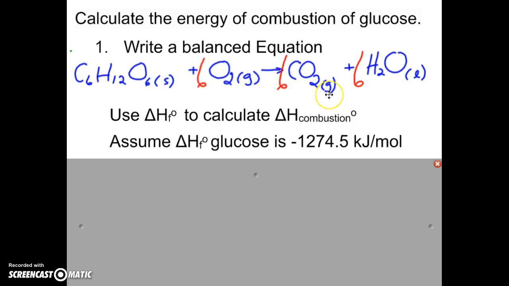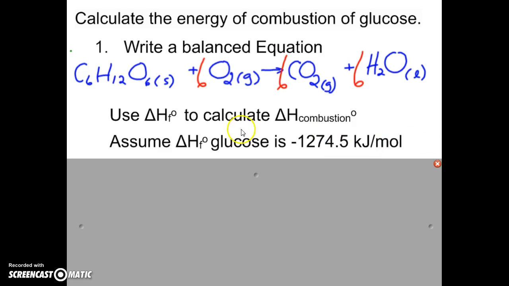So here we see, CO2 is generally thought of as a gas more often than any other state of matter, unless, of course, we're talking about dry ice. But in this case, for this equation, water that's formed is written as a liquid. So when we look up the enthalpy of formation, we'll want to be attentive to finding the value for liquid water as opposed to gaseous water.